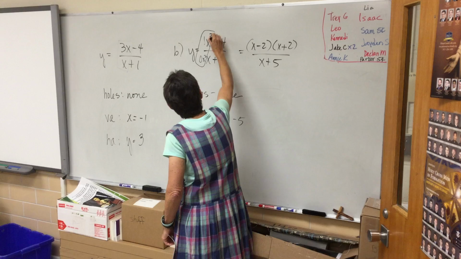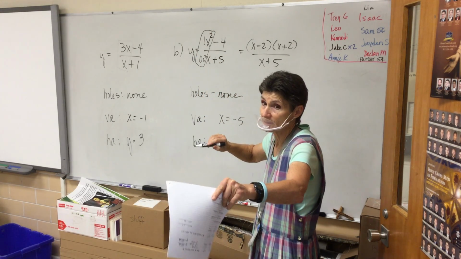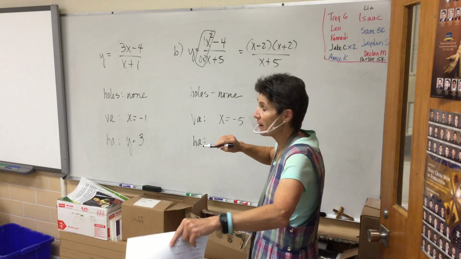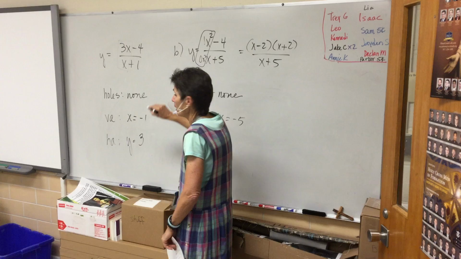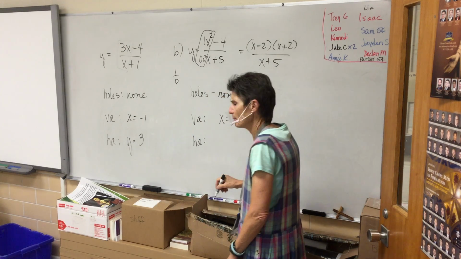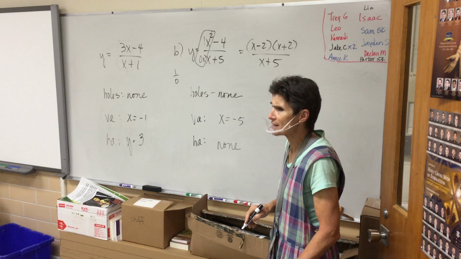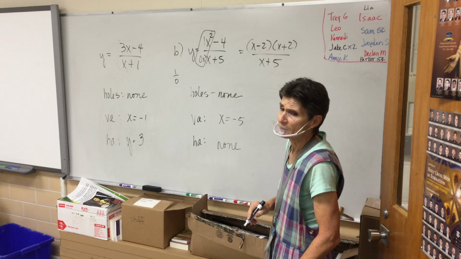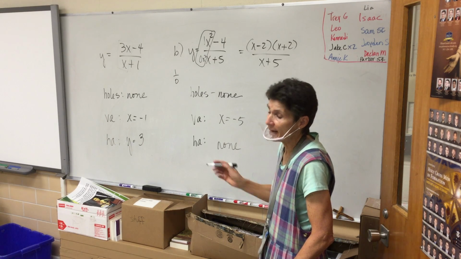Now I can box. We always box the biggest power. So now I have 1 over 0. What about 1 over 0? Undefined. So there is no horizontal asymptote. You cannot have 1 over 0 or anything over 0.